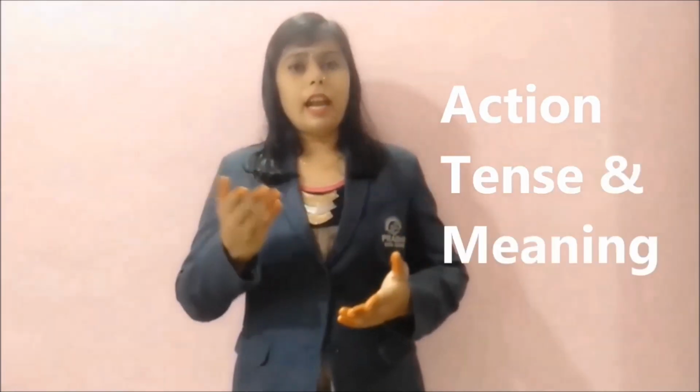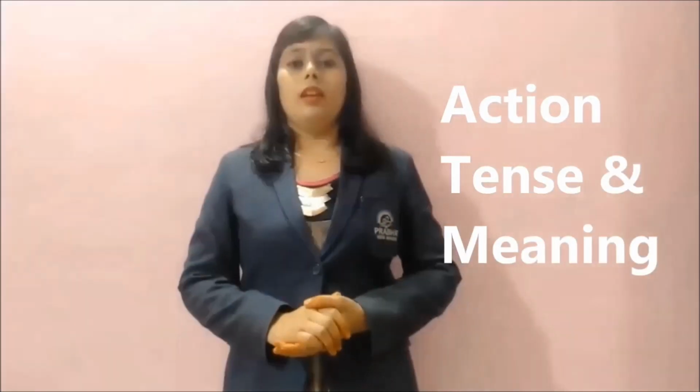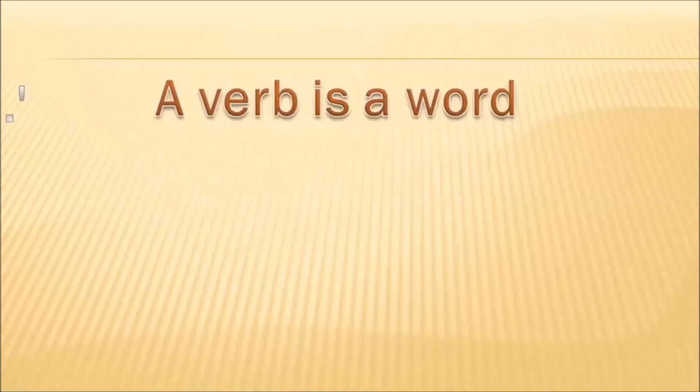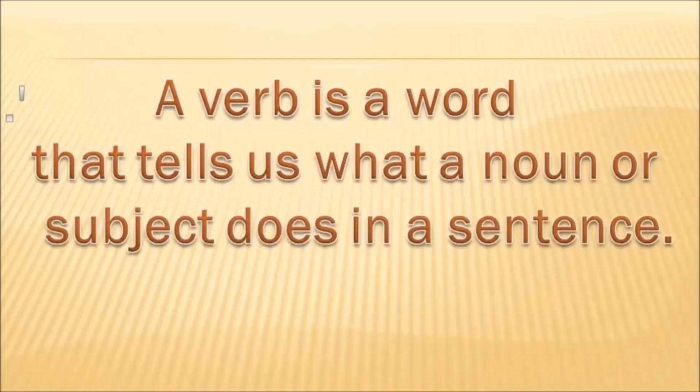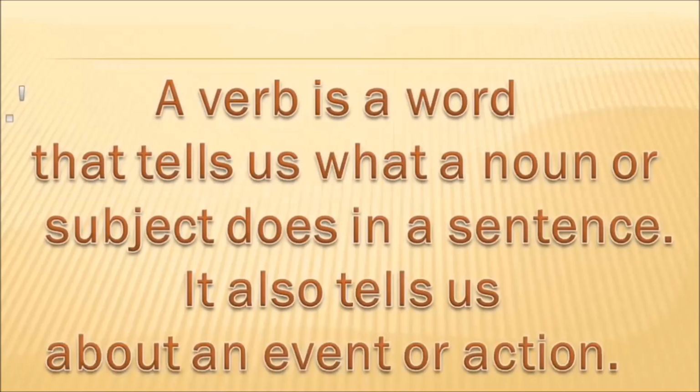It is called a verb. A verb shows action, tense and adds meaning to a sentence. Now we will see the definition of verb given in the book. A verb is a word that tells us what a noun or subject does in a sentence. It also tells us about an event or action.